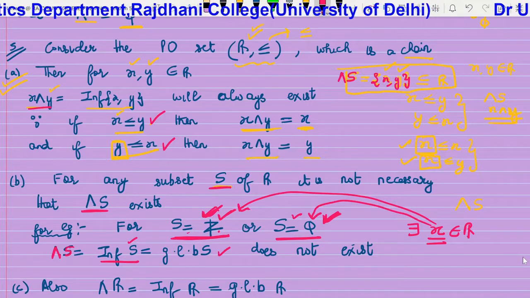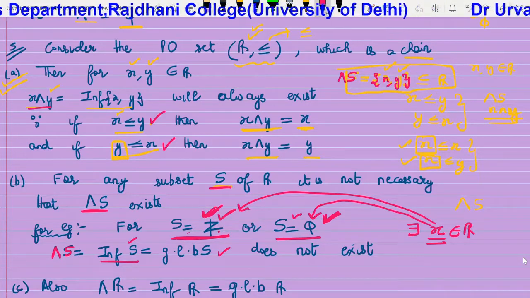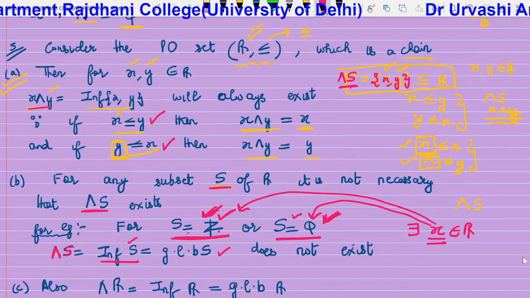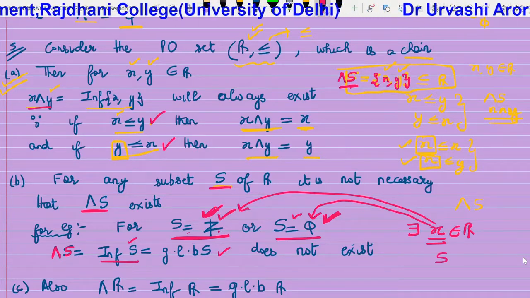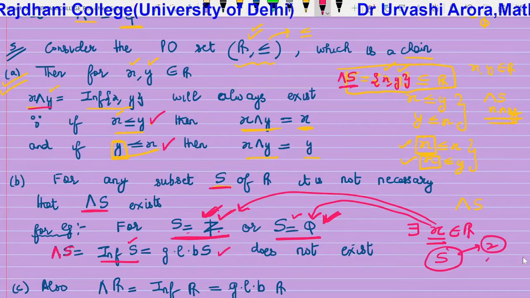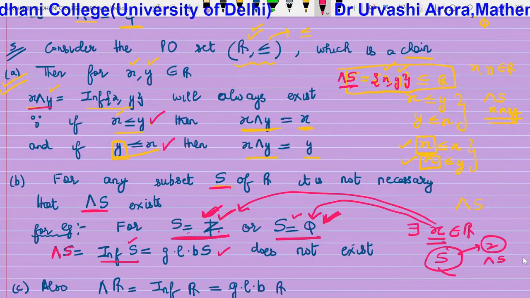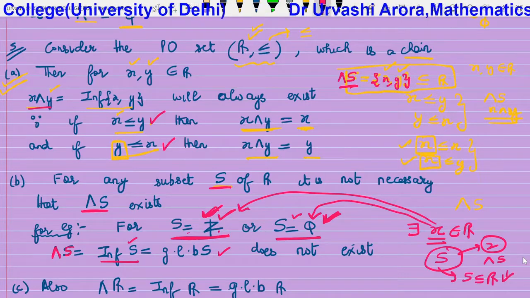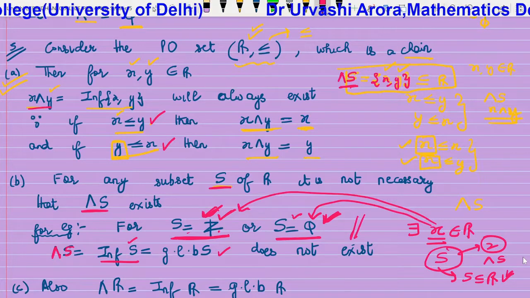So in this case of real numbers, although a set S consisting of two elements always has a meet, in general you cannot say that every subset S of R has a meet, as we have seen in this case.